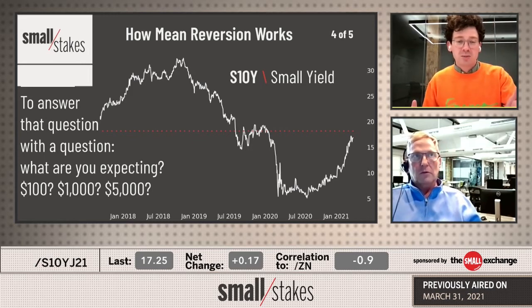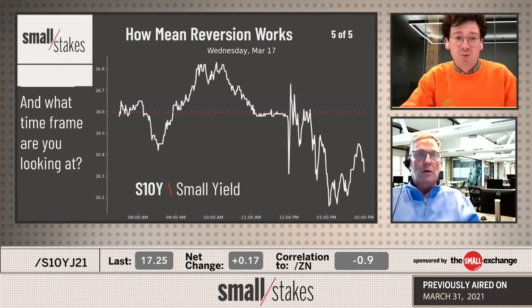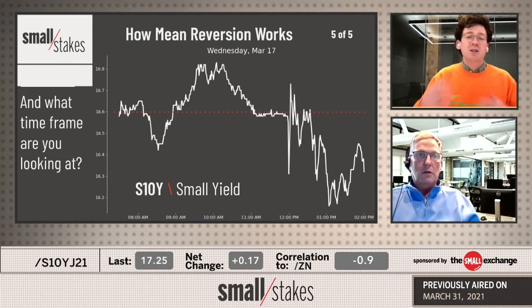And what's really nice about that is you can set your expectations around a few $100, especially when you apply mean reversion to the short term. And this is where I want to finish this, which is mean reversion applies to so many different asset classes: interest rates, currencies, commodities, not so much equities, but you can attribute it to those different asset classes and different time frames. Maybe $100 in the long term isn't really a realistic expectation for yields.